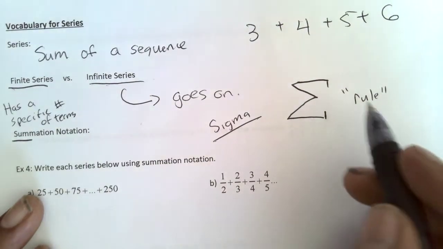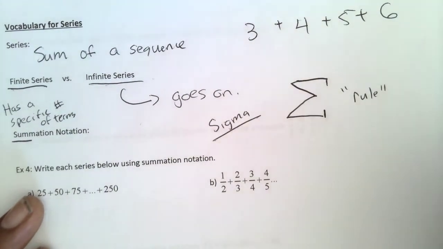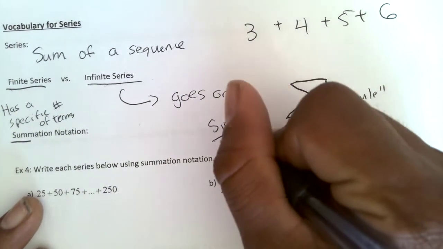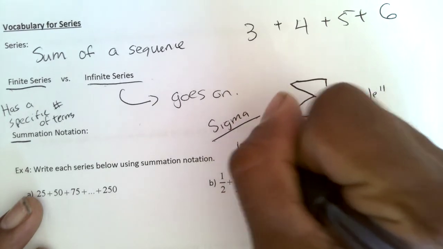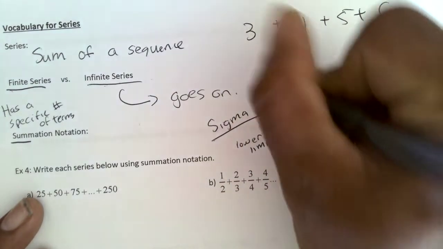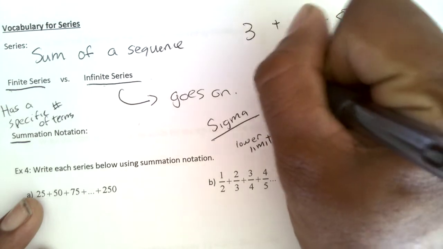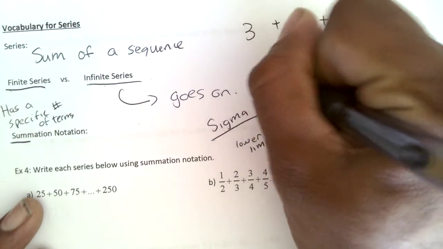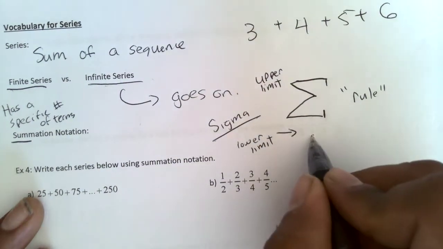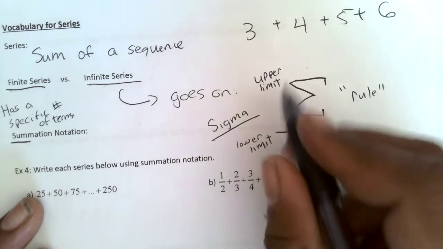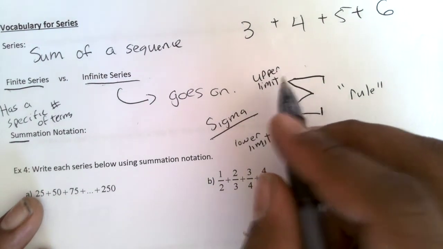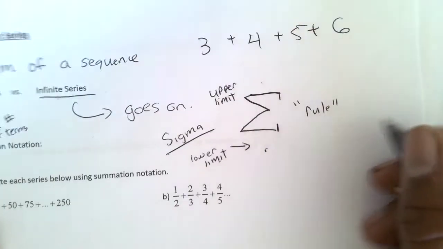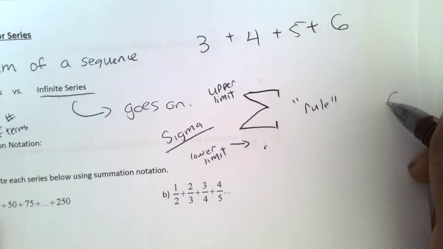But then what we want to know is where to start and where to end, right? So what we'll have are 2 spots. What we'll have is our lower limit and our upper limit. So it's telling us what terms to start on and end on. Starting term, ending term. Later when you get in calculus, you'll have a similar symbol that'll have a similar idea.